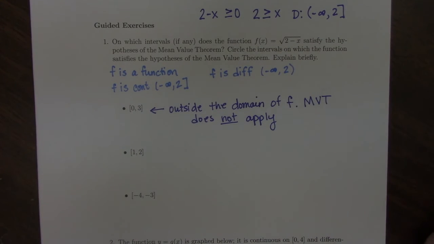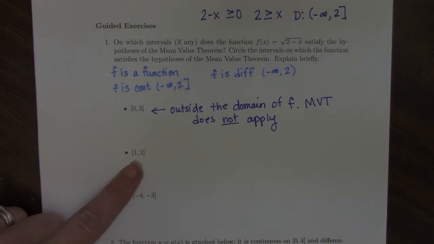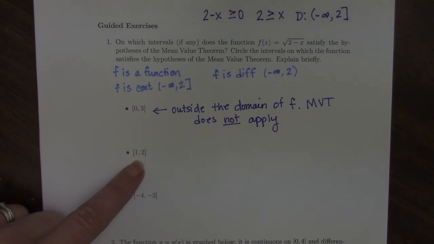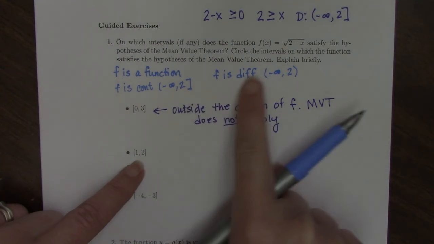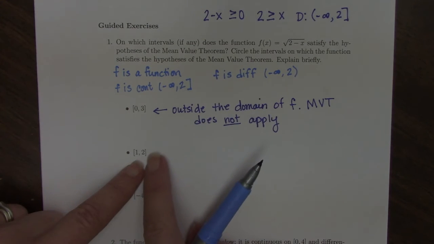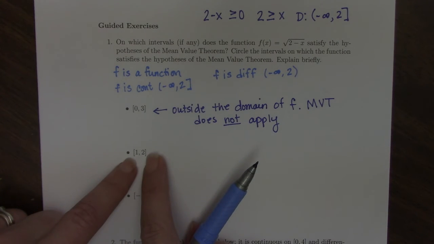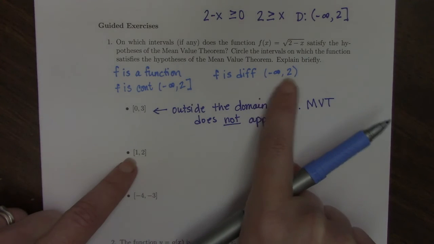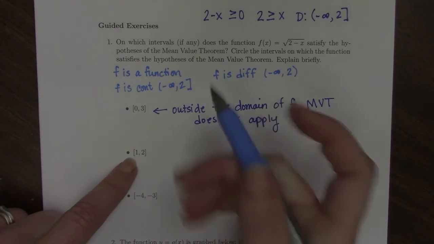So now let's look at the remaining two intervals. 1 to 2 is in fact inside of these intervals. So remember the condition, it's got to be continuous, including 2, but it only has to be differentiable on the open interval.